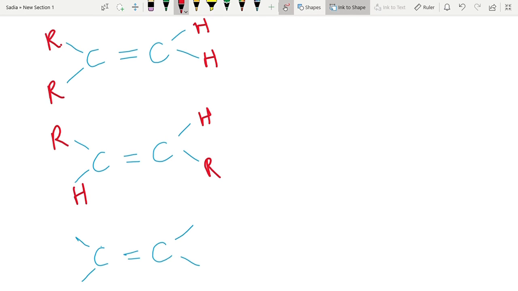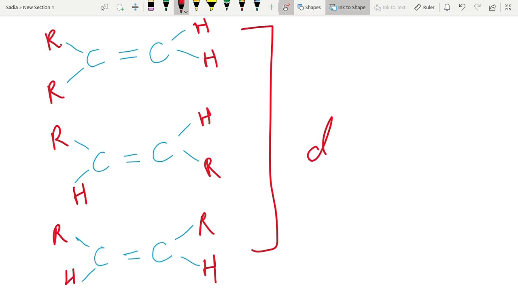And the last possibility is that R groups are on different carbon atoms but in cis configuration like this, and hydrogen atoms binded like this, right? These all 3 are known as di-substituted because there are 2 R groups attached.